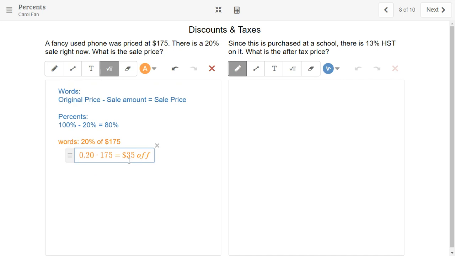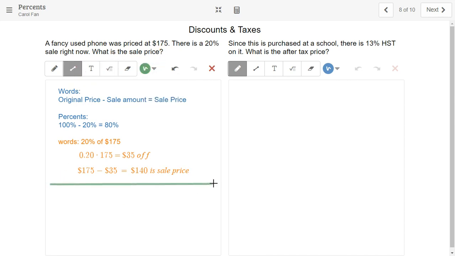So, after $35 off, what's our sale price? 175 minus $35 is equal to 140. That's one way to do it.